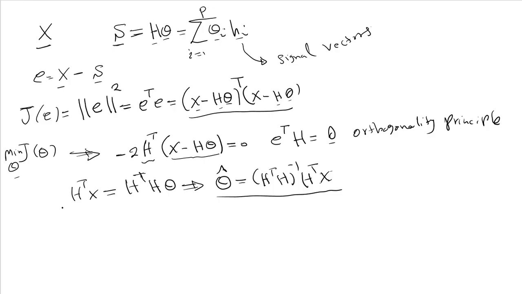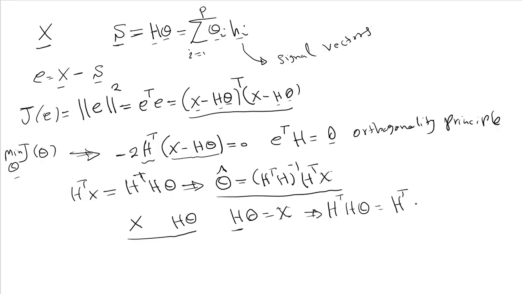Let's interpret this. I wanted to make X close to H theta. Actually, I wanted to solve this linear equation. But H is not a square matrix, so I multiply both sides of this equality by H transpose to make it square.